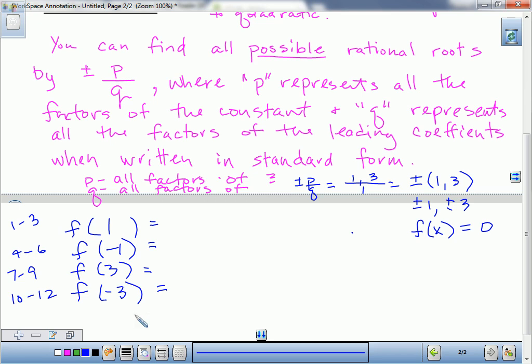So you're plugging these values into the equation we have. Once again, that equation is on your sheet. It's f of x equals x cubed minus 8 times x minus 3. Make sure you plug it in parentheses. All right, try those. See what you get.